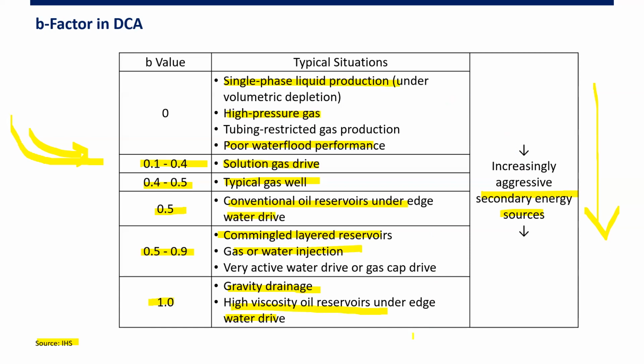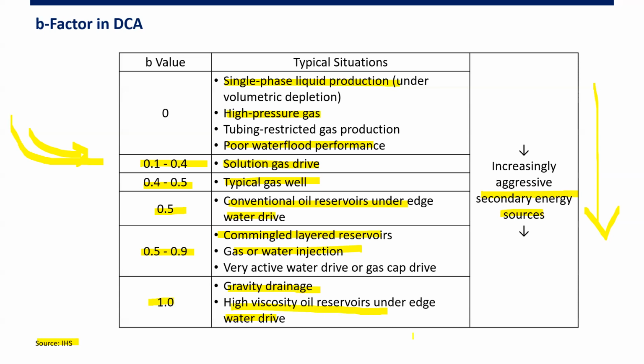If you have strong support, either from natural water drive, gas cap drive, or artificial water flood, gas injection, water injection, then you will have more and more tendency towards hyperbolic and harmonic decline as opposed to exponential decline.